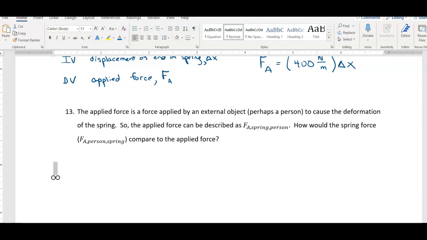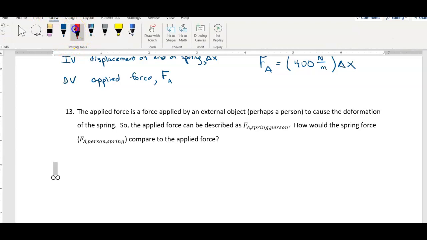Look at this. They are the same types of forces. They are both applied forces. They're both involving the same two objects interacting, the person and the spring. And so this looks very much like a situation where these are Newton's third law pairs.